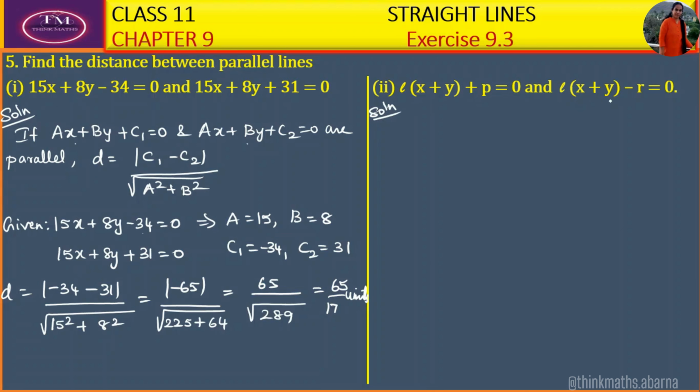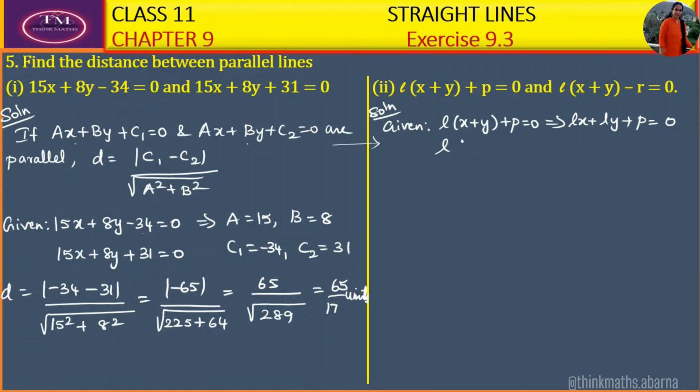So these are the two equations given. The same will come here. If these two equations are parallel, then this is the distance between the two parallel lines. Now what is given here? It is given that L into x plus y plus p equal to 0. Multiplying by L, we get Lx plus Ly plus p is equal to 0.